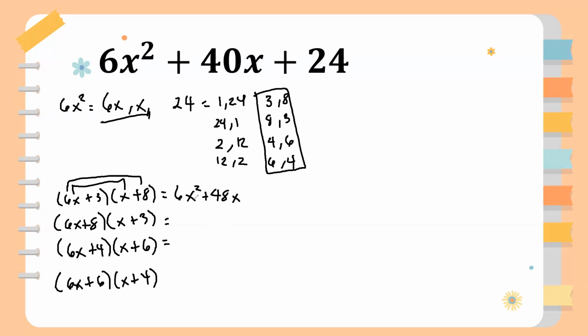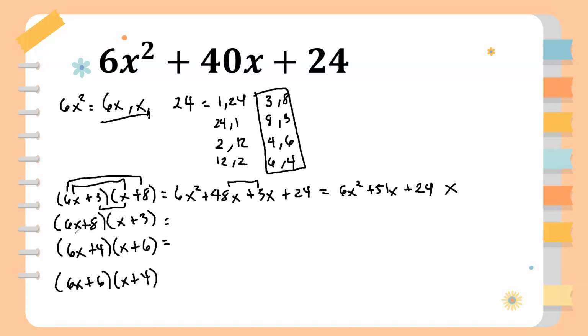Then 3 times x for the inner term, that's equal to 3x. 3 times 8, that is equal to 24. Then combine the like terms, we will just simply add 48x plus 3x, that is equal to 51x plus 24. So, hindi siya parehas dito sa 40x. So, x na natin siya.